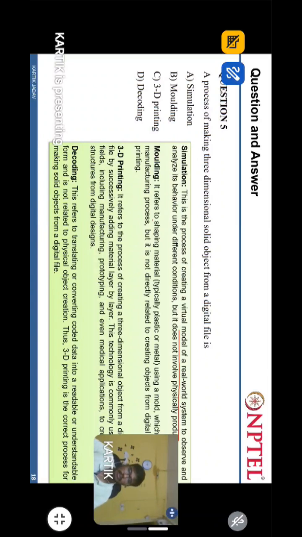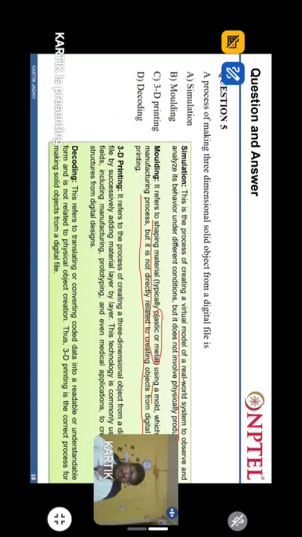While molding refers to the shaping of material, typically plastic or metal, using a mold, which is a common manufacturing process, but it is not directly related to creating objects from digital files like 3D printing.